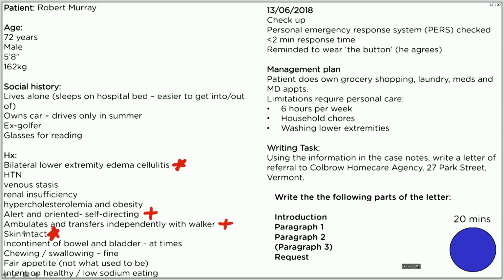So you can see how you might join case notes like this. This is part of the thinking process in the reading time, because they're not all going to be grouped together, but you need to think, okay, he's got issues with his legs. So that one, that one, that one, that one, and that one will all come together into some sort of sentence or paragraph discussing issues with his legs.